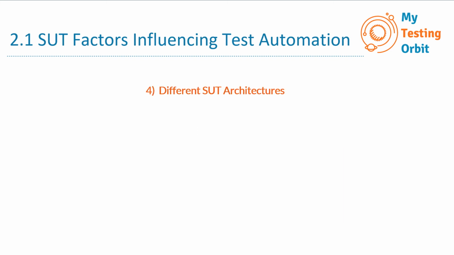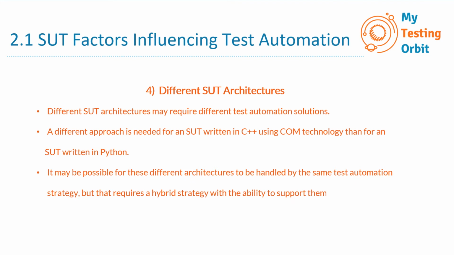So what does that mean? If we have different architectures of different systems, then our test automation solution, TAS, needs to be different for them as well. Let's have a simple example.